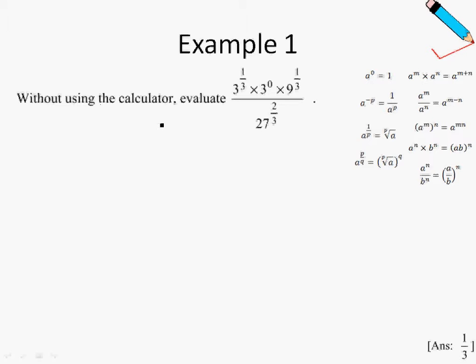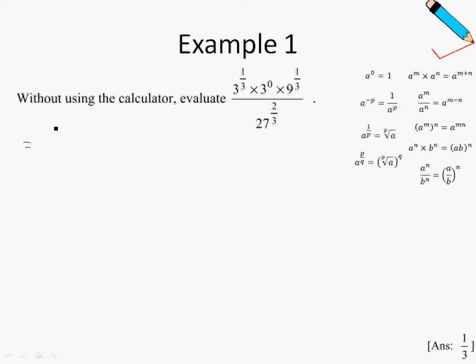In the next few examples we will look at how to apply them. I'll leave the laws on the right hand side of the screen, because I know this is new to you. I will first evaluate this complicated expression. First and foremost, let us change everything to a common base, and the base I'll be using is base 3.